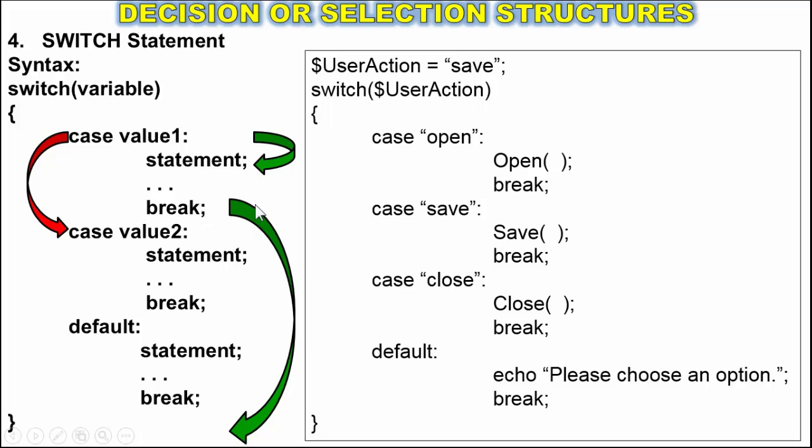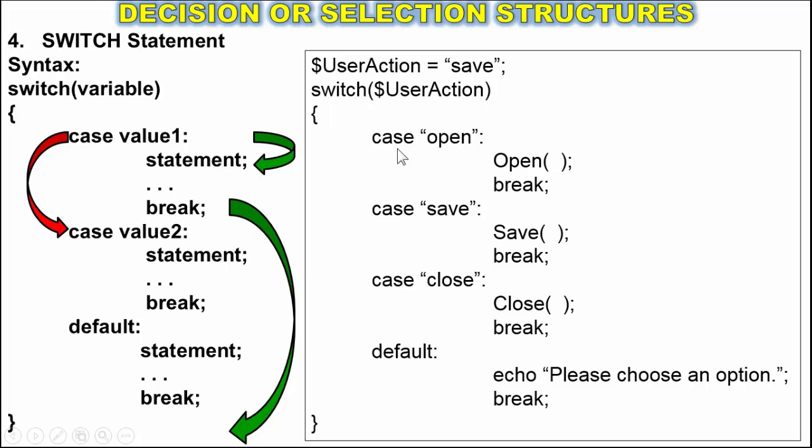For example, the variable $UserAction contains the string save, and the CPU will move to the switch, and then it will evaluate the value of the variable that is specified under this parenthesis, which is the $UserAction.